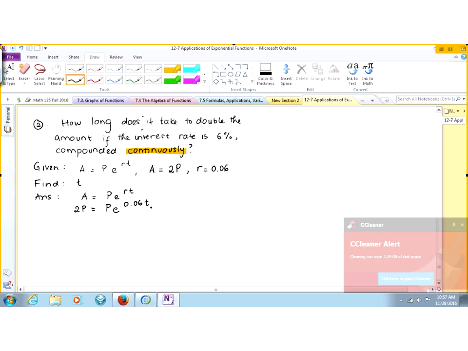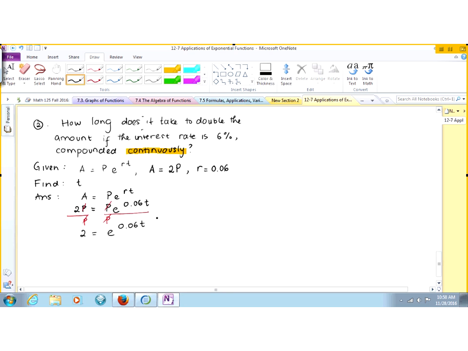Okay, you guys know how to do this. This is an exponential equation. What do we do with an exponential equation? Divide both sides by P. Yes. So 2 is equal to e to the 0.06 t.